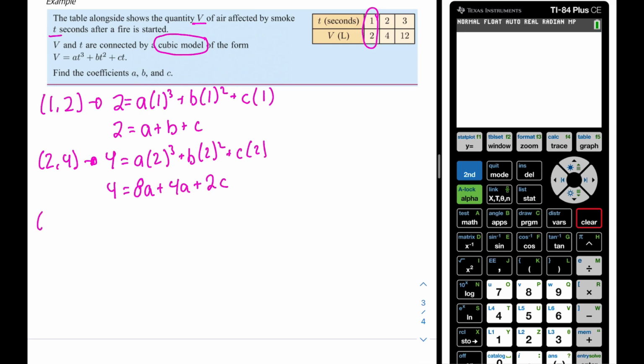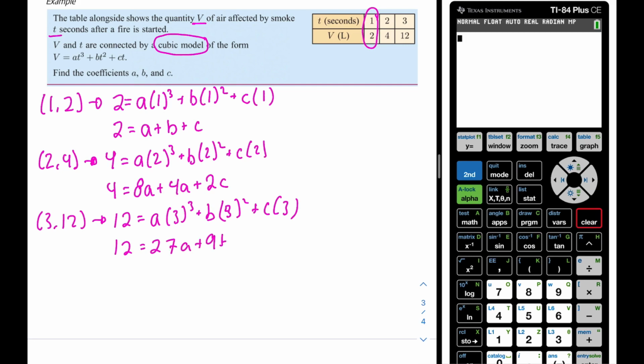And then the last one, we have 12 is equal to a times 3 cubed plus b times 3 squared plus 3c. So 12 is equal to 27a plus 9b plus 3c. So now what I have is 3 equations and 3 unknowns, 3 linear equations.